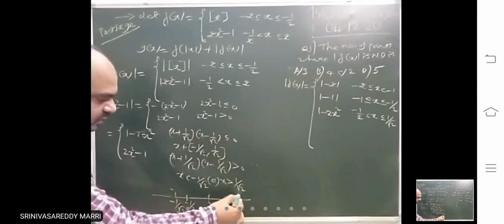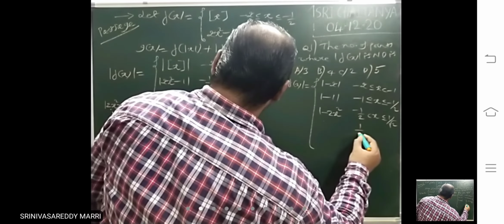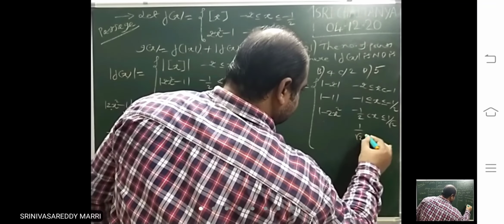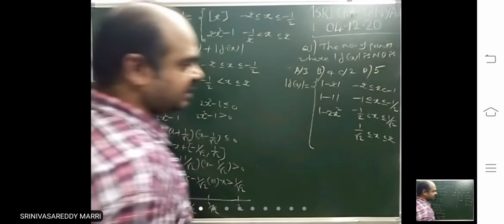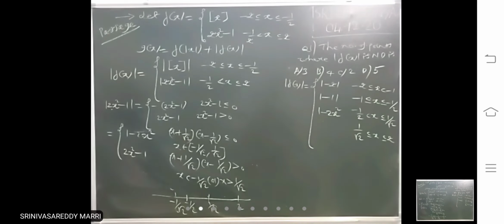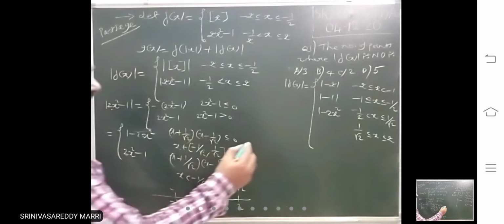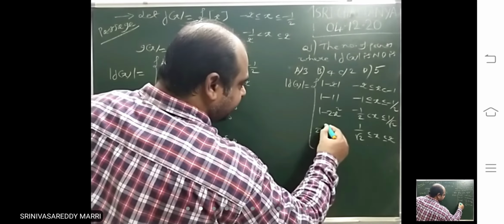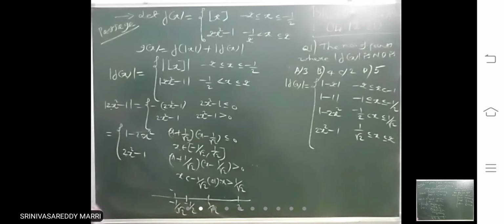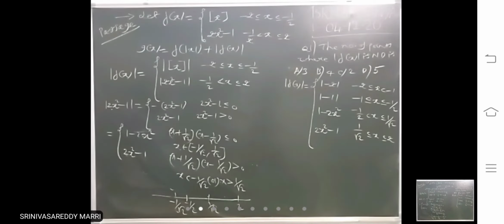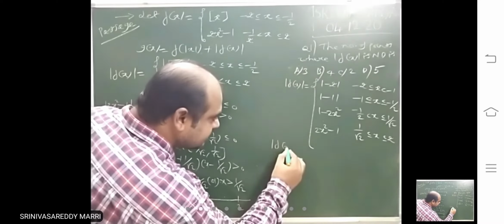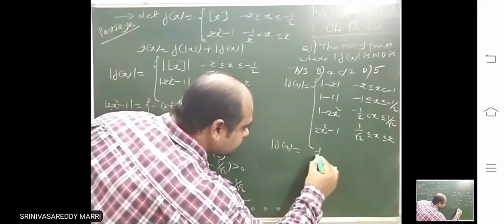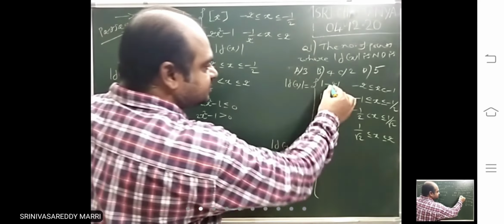Then 1 by root 2 to 2: the definition, for x greater than 1 by root 2, is 2x square minus 1. So now look at modulus f of x. We have a clear definition.